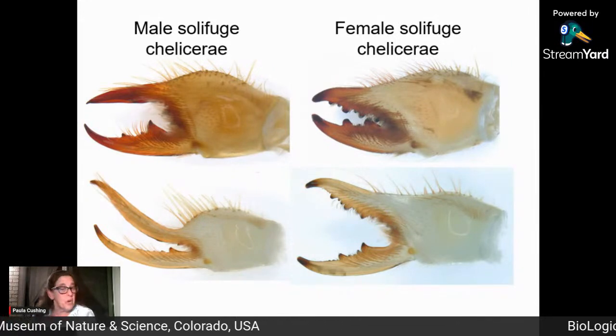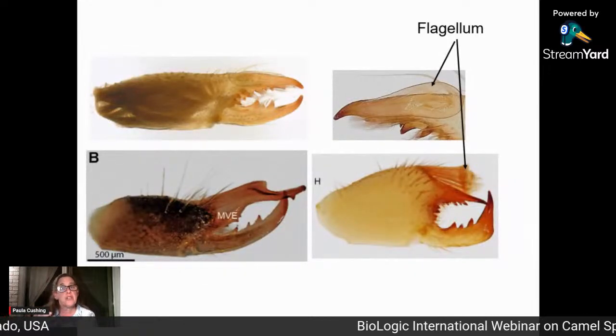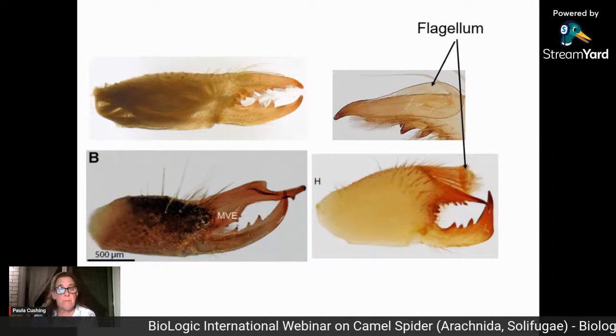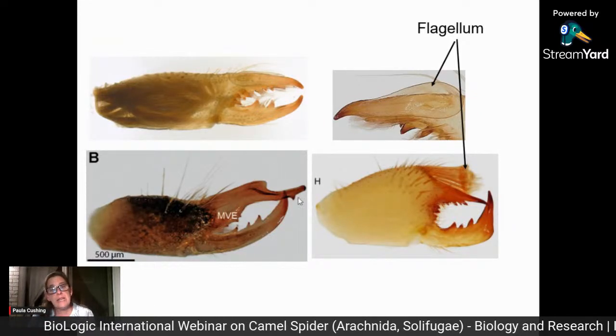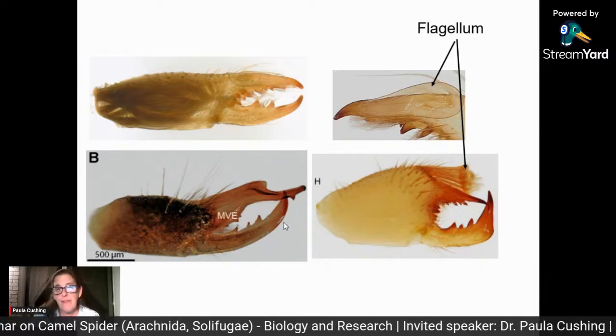In the Old World, in other families of Solifugae, we see these structures on the male chelicerae called the flagellum, and we see crazy forms in some of these other families.